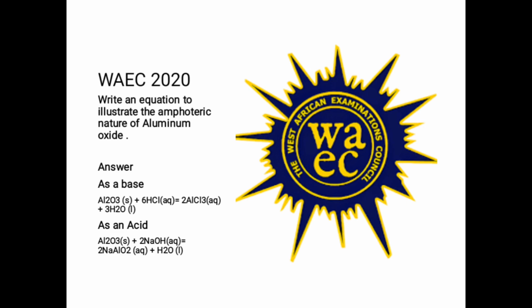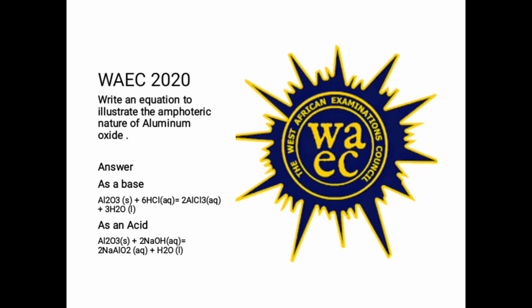it will react with acid to produce aluminum chloride and H2O. Please take note that our choice of acid matters a lot. Like we have said, it forms a protective layer with HNO3.